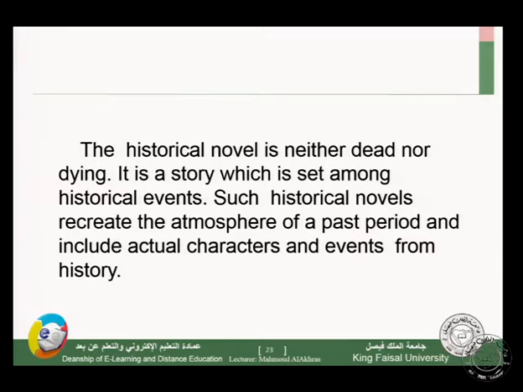The historical novel is neither dead nor dying. So again, the historical novel is neither dead nor dying. It will stay for a long time, since it's a kind of novelistic record in fiction. It is a story which is set among historical events.